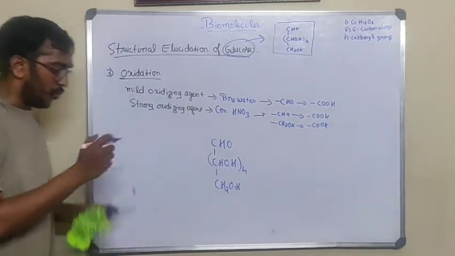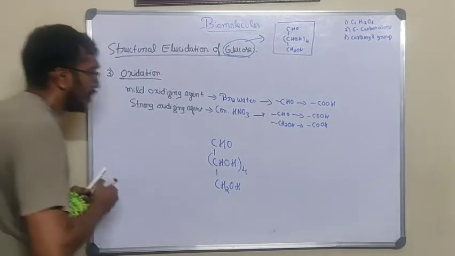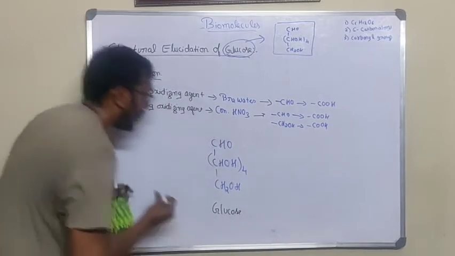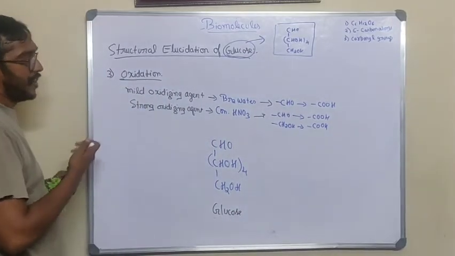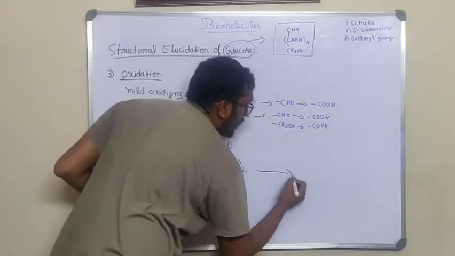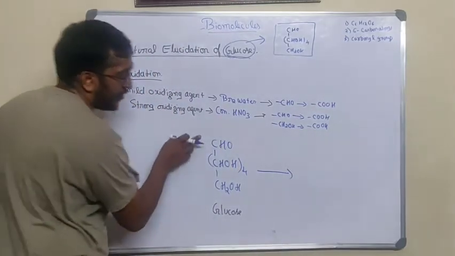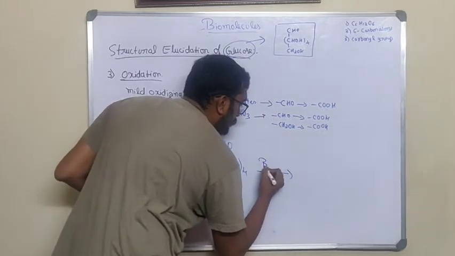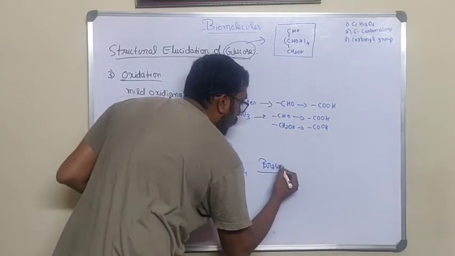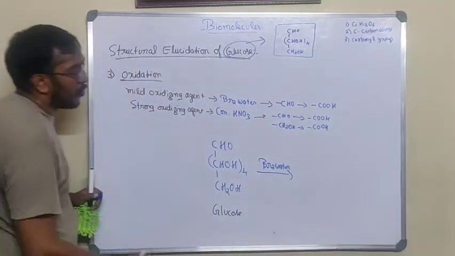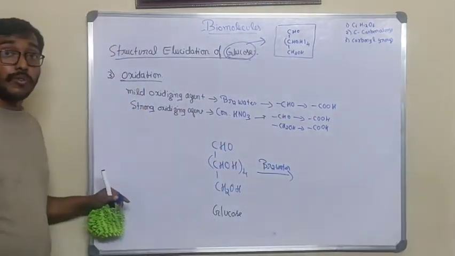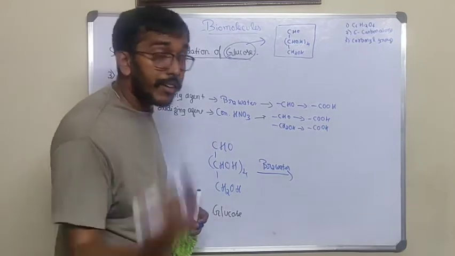When this glucose is treated with bromine water, Br2 water, what is going to happen here? The CHO will be converted into COOH. The aldehyde group will be converted into a carboxylic acid group.